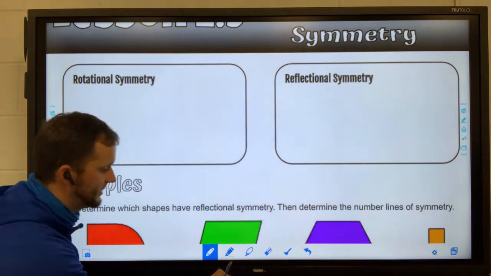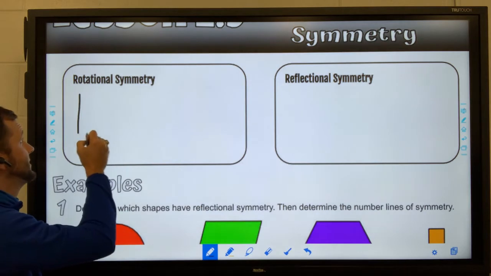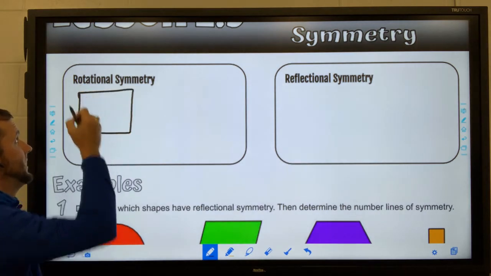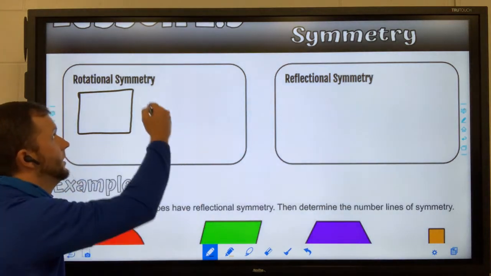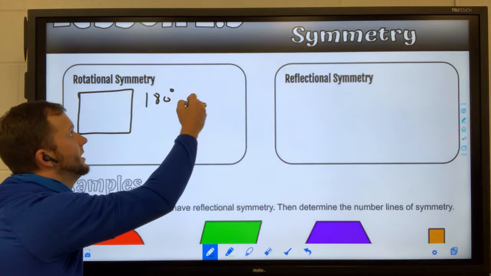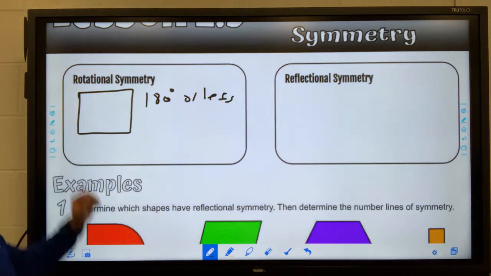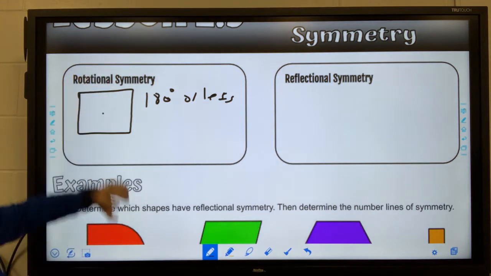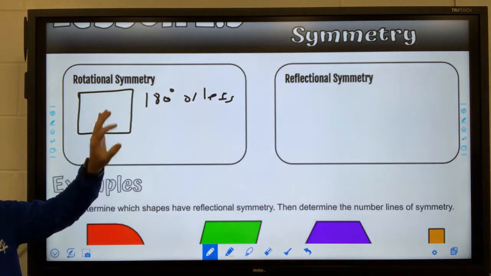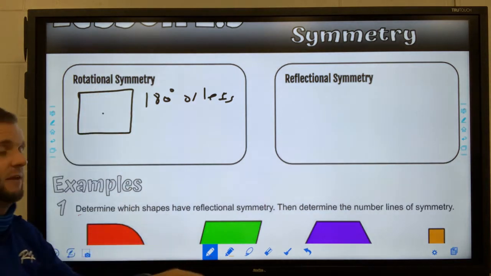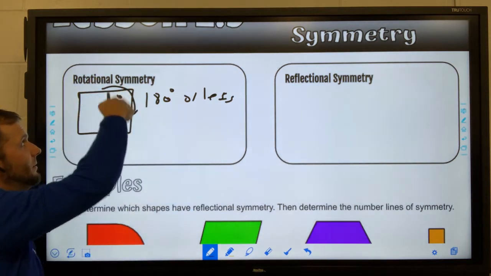So for instance, if I was to take a square, I'm going to do my best to draw a square here. If I was to rotate it, how many times would it match up on itself, with a rotation of 180 degrees or less? If I rotated this square 90 degrees, it would end up matching up on itself.